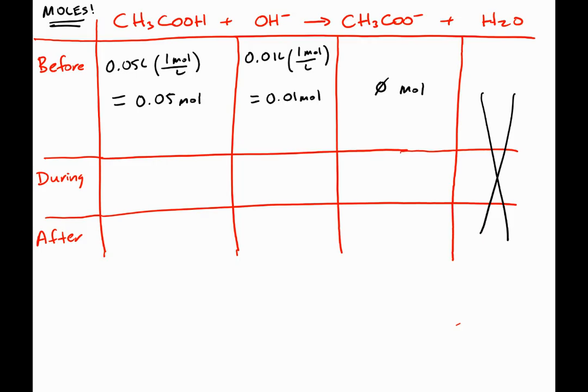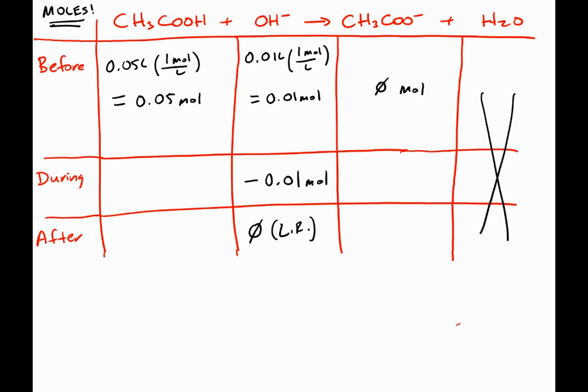Next thing for us to do is to determine which of the two reactants is limiting. This is a 1-to-1 mole ratio, and so whichever reactant we have the least amount of, that's the limiting reactant. The hydroxide ion is the limiting reactant. All of it gets consumed, and so there will be nothing left over for the hydroxide ion. Therefore, you consume 0.01 moles of hydroxide ion.